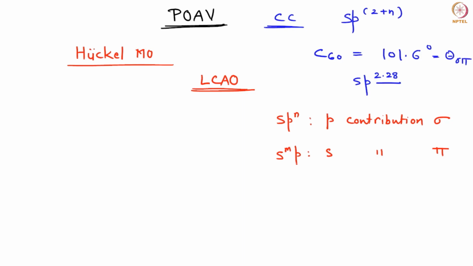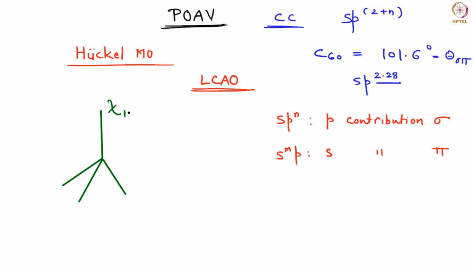Now I will draw again, as we usually do, our hybrid orbitals. We make again this pyramid-like structure. Remember, this is a general case, by which I mean we can use it for both sp3 and sp2. In the case of sp2, this hybrid orbital, let me call it chi1, will be your unhybridized p orbital.